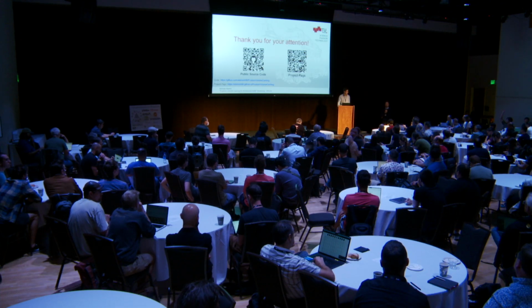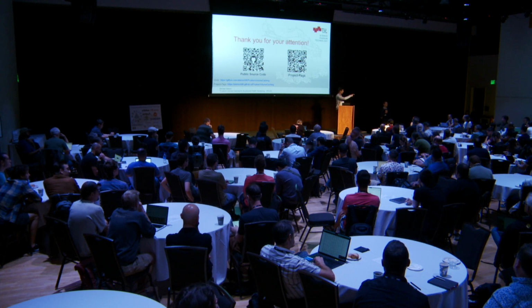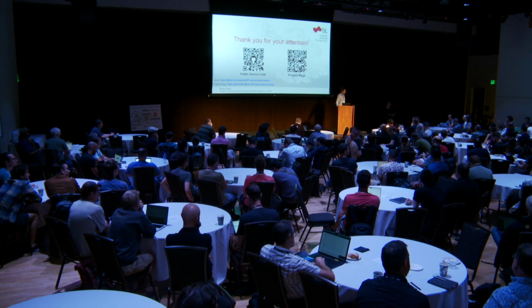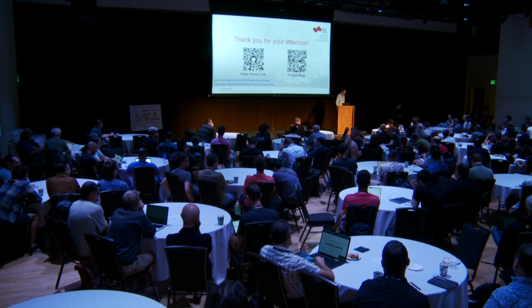Any other questions? Yes? Is there any disocclusion error? Usually the reprojection solutions suffer from forward projection errors. So the question is whether we encounter any problems due to disocclusions.